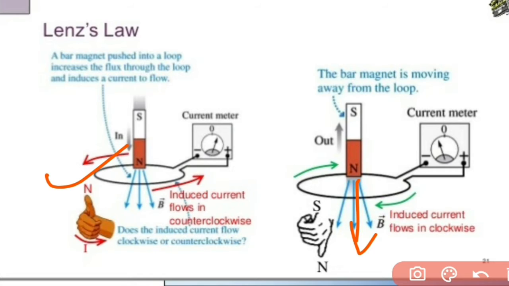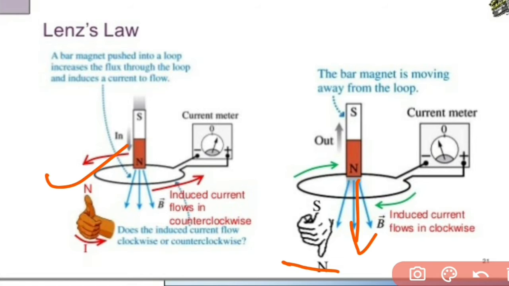So the induced current should oppose that change. Here the field is decreasing, which means the induced current should produce a magnetic field which increases that magnetic field. That means the field due to induced current should be in the downward direction.